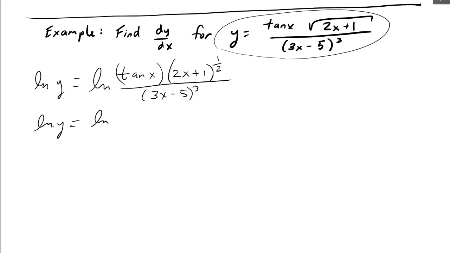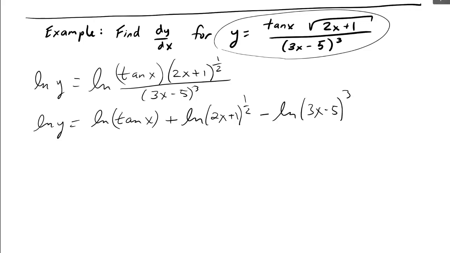So I have the log of the numerator minus the log of the denominator, but in the numerator I have a product as well. So ln tan x plus ln 2x plus 1 to the 1/2 minus the ln 3x minus 5 cubed. Okay, now I'll use the further logarithm rules using the exponent.